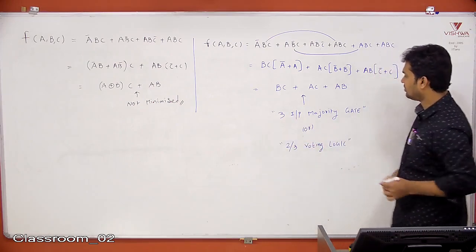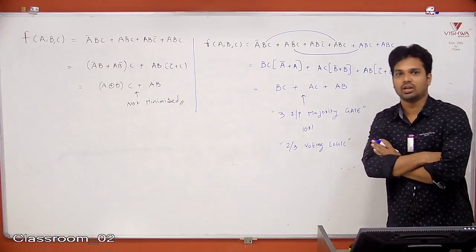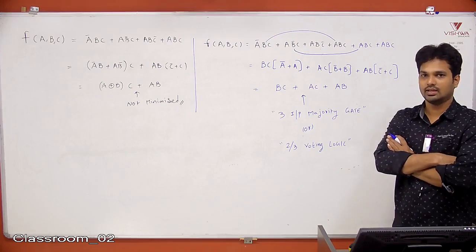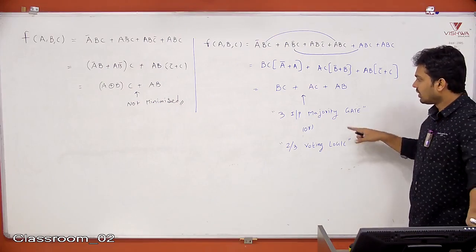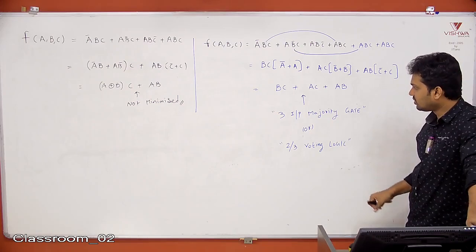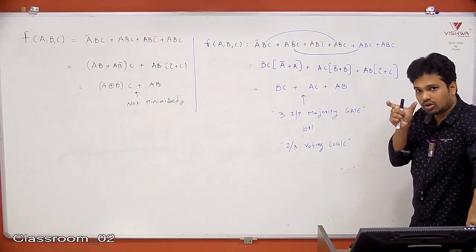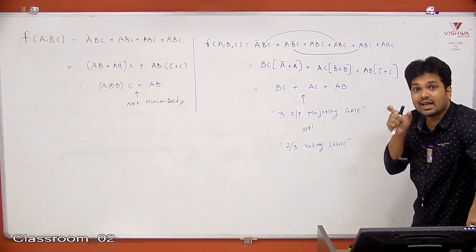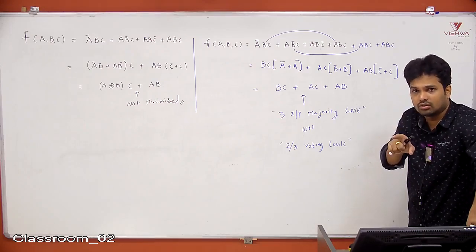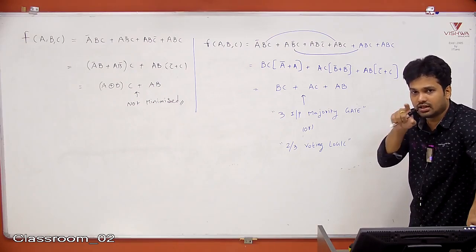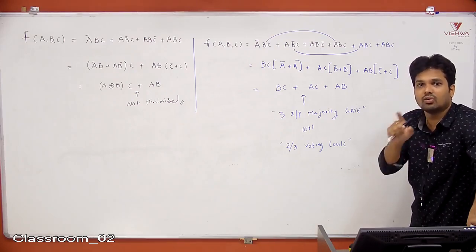You can call it a 3 input majority or 2 by 3 voting logic. What is the meaning? Say you have 3 inputs. Out of the 3 inputs, if the majority of inputs are 1, your output is 1.